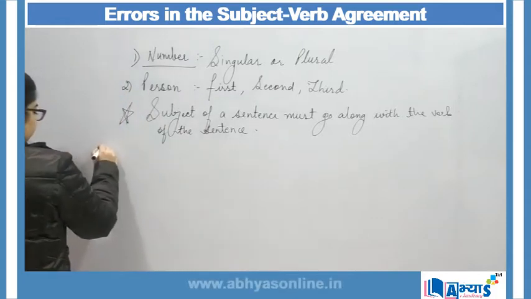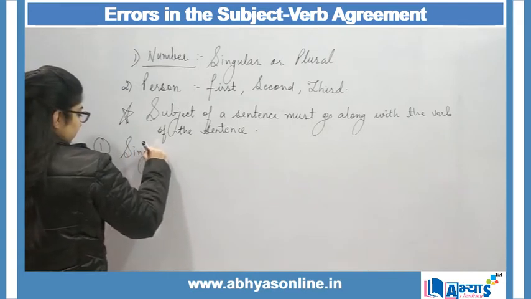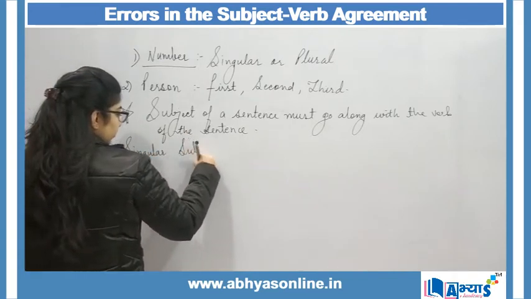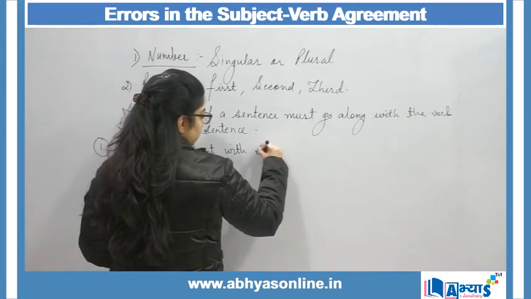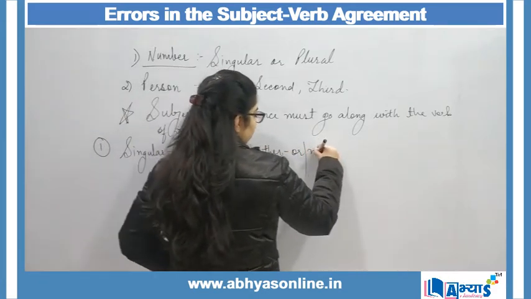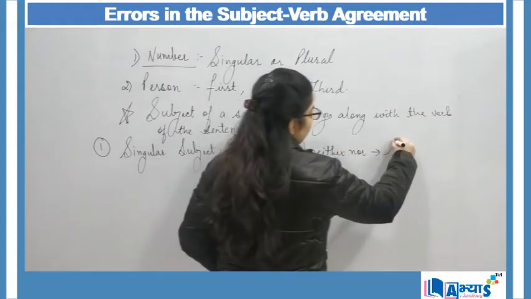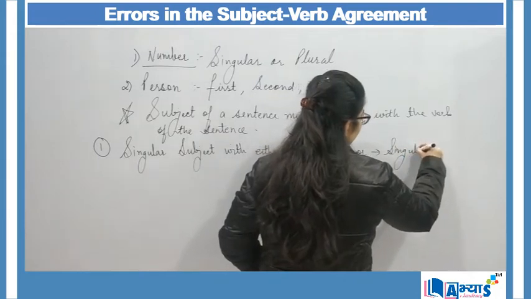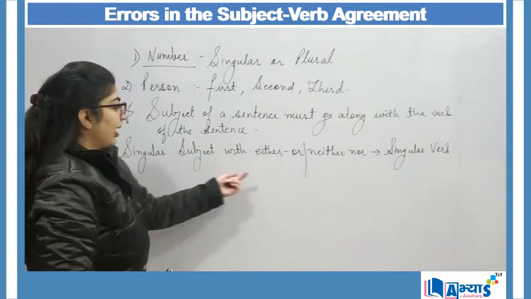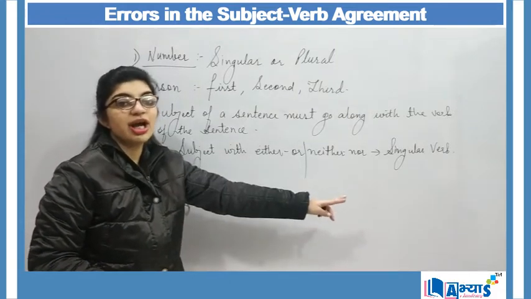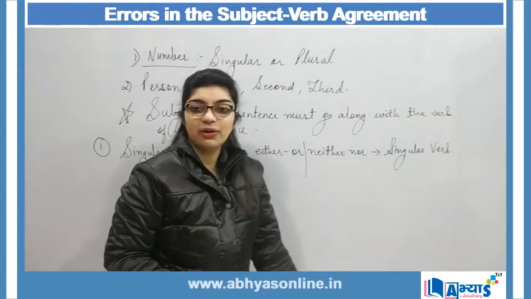The first mistake that we should avoid is that a singular subject with either or, neither nor should take a singular verb. So whenever we are using either or neither nor, our subject is always singular, and with a singular subject we will always make use of a singular verb.